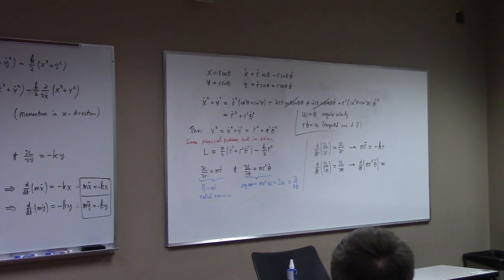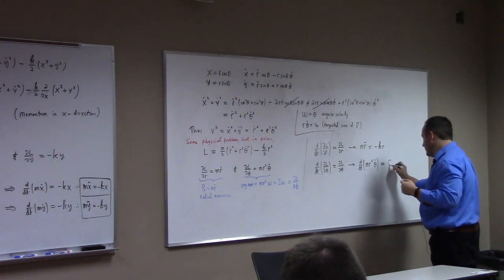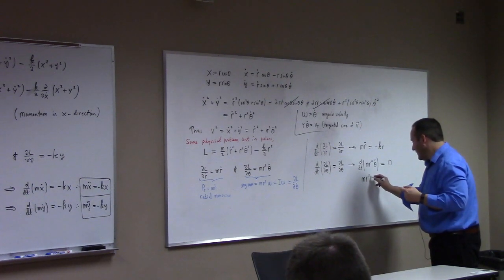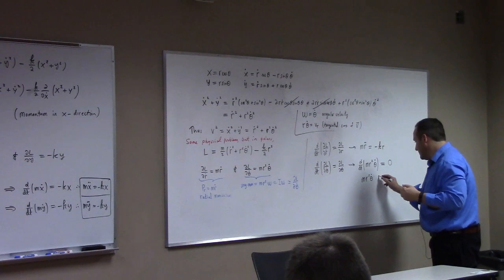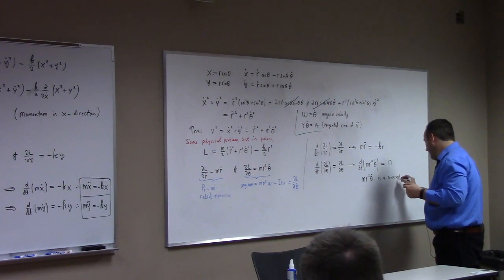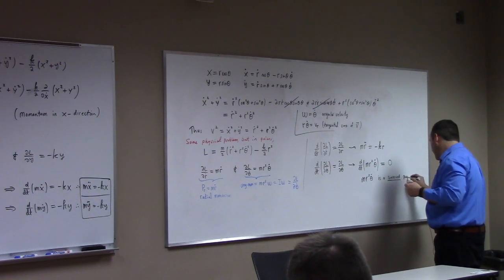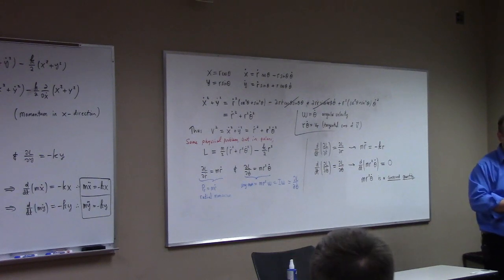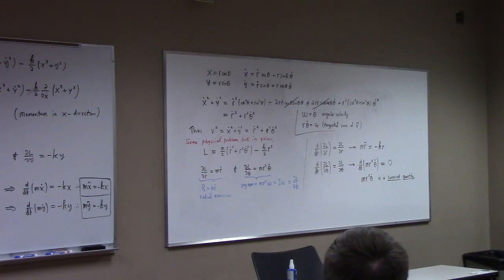No, there's not. So partial L partial theta is 0. So that means that m r squared theta dot is a conserved quantity. What's the physical significance of that? We're saying that the angular momentum is conserved in this problem.